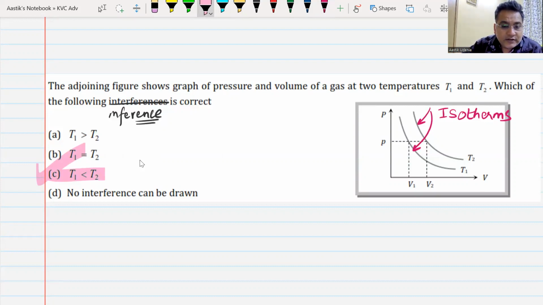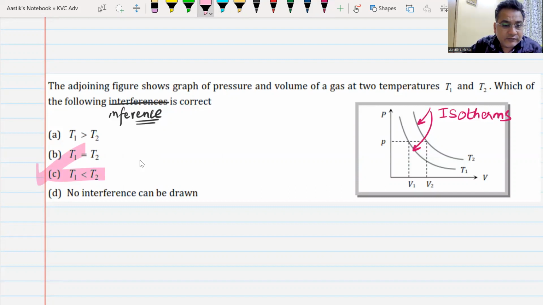The next law that we have to do, this was Boyle's law. The next one is known as Charles law. Law number 2 is Charles law.